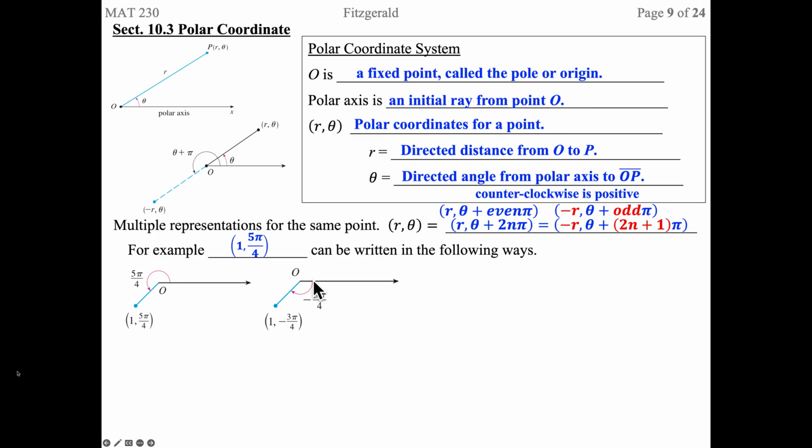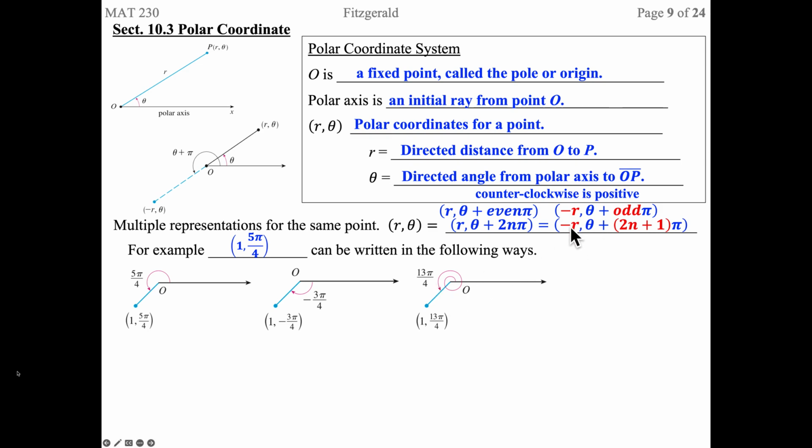I'm just measuring from here and going in a negative direction. Or we could take our original and just add 2 pi, make another complete revolution around your circle to get to 13 pi over 4. 2 pi would be 8 pi over 4, and 5 pi over 4 plus 8 pi over 4 would be 13 pi over 4.